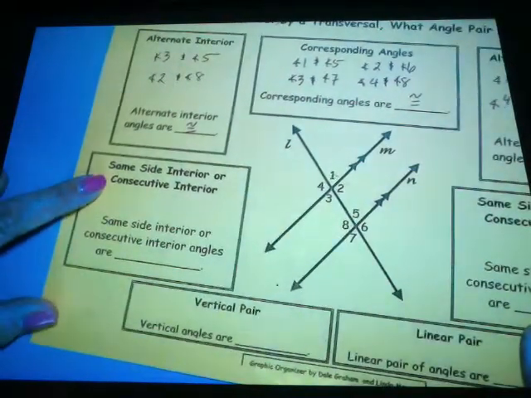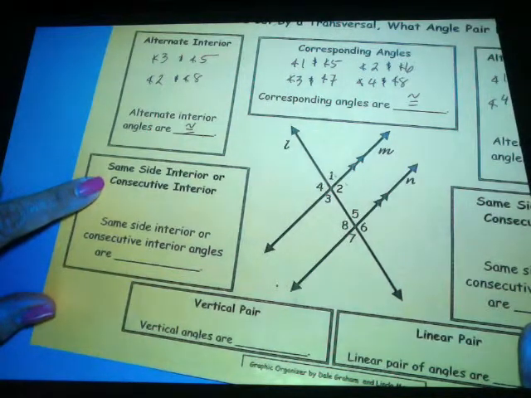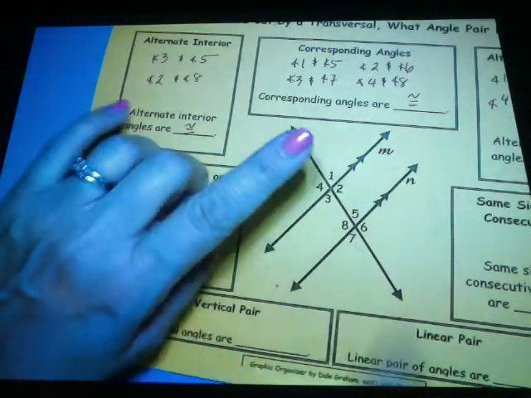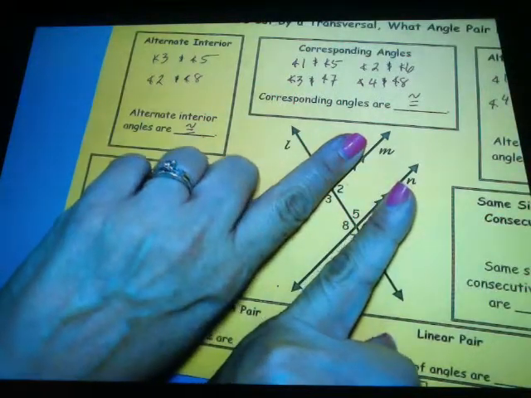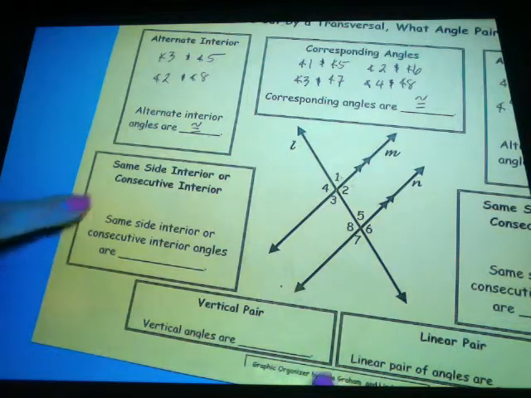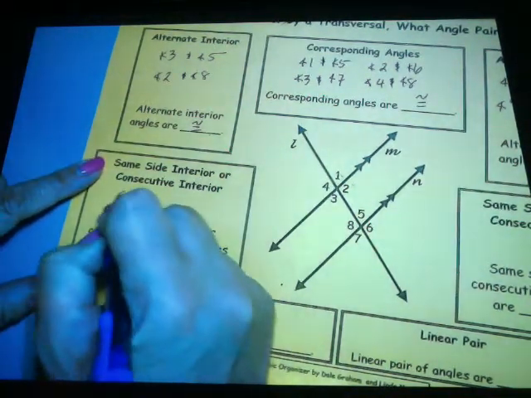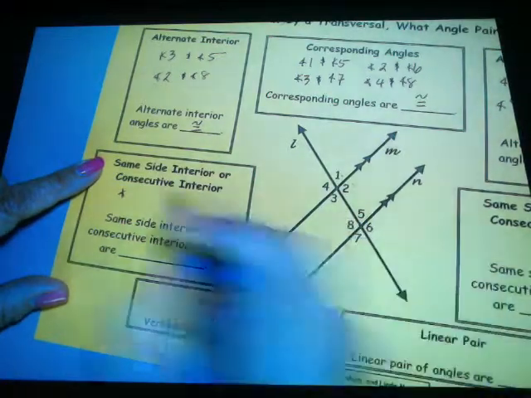Then let's look at same side interior, or I prefer consecutive interior. So give me a pair of consecutive interior. Here's your parallel lines. They have to be on the inside, right? What's same side or consecutive? Angle 3 and angle 8, same side, right?